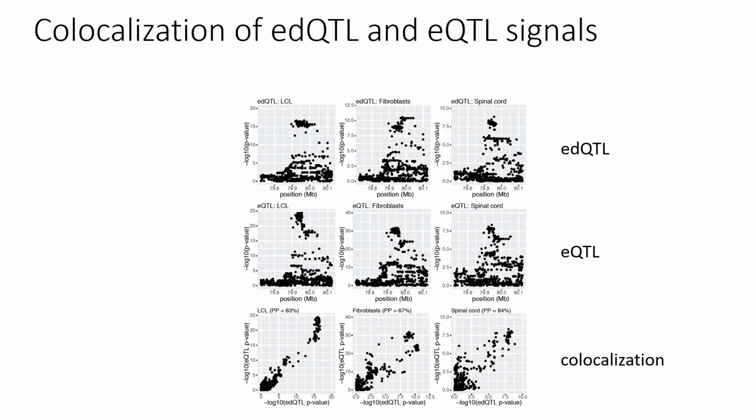Here are Manhattan plots for the EDQTL and EQTL data for the loci and the DHFR gene that was previously discussed. The EDQTL Manhattan plots are on the top, and the expression QTL Manhattan plots are in the middle. The bottom plot represents scatter plots comparing the negative log 10 p-value for the EDQTL and expression QTL data.